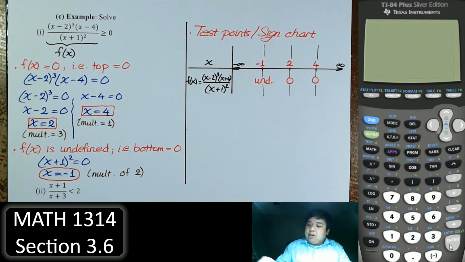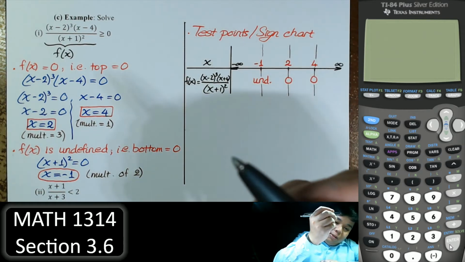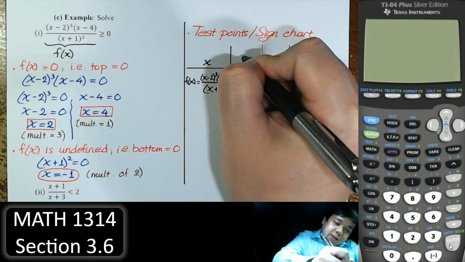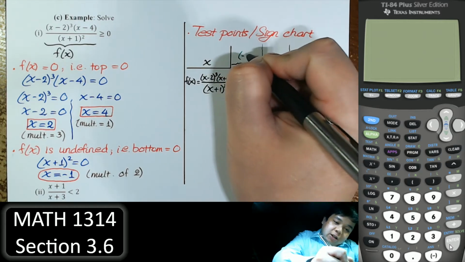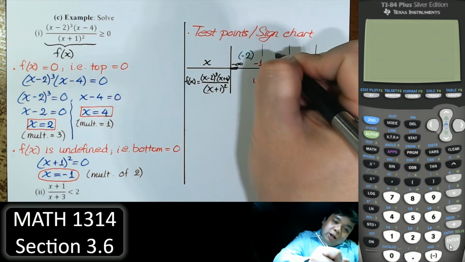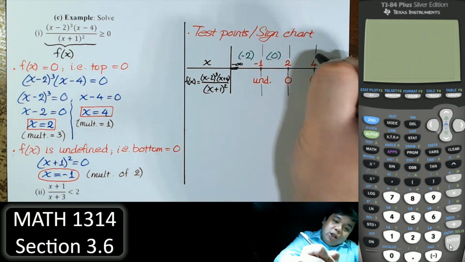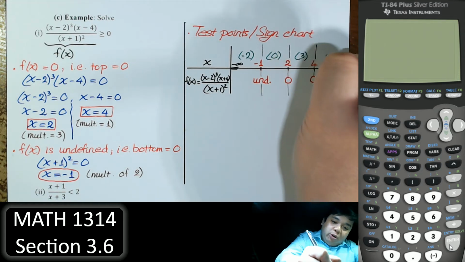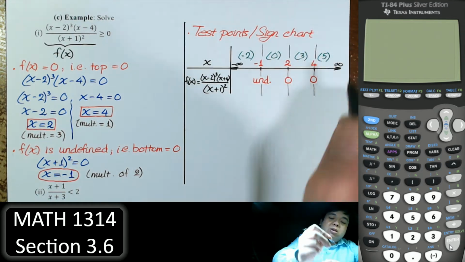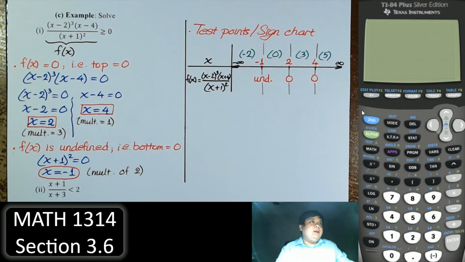Right, now the test points. Negative 1, less than that, choose negative 2. 0 is between negative 1 and 2. 3 is between 2 and 4, and then 5. So those are the numbers in between.